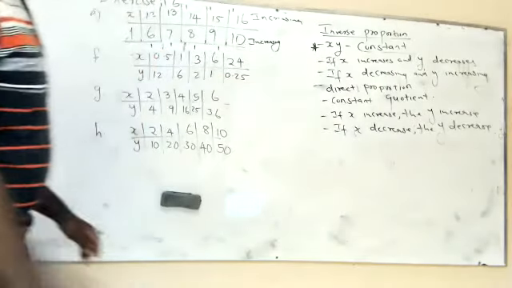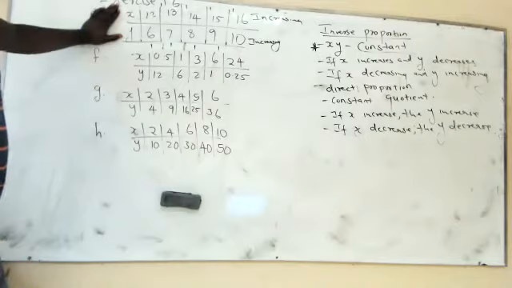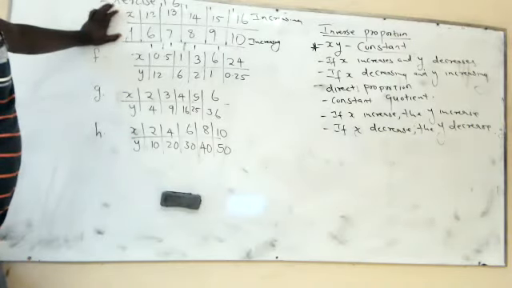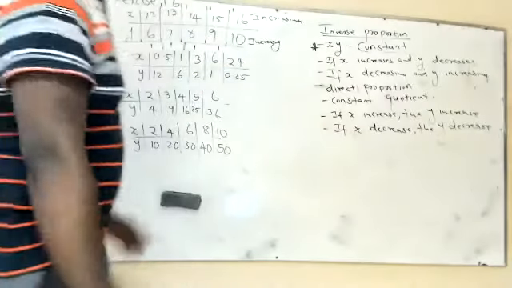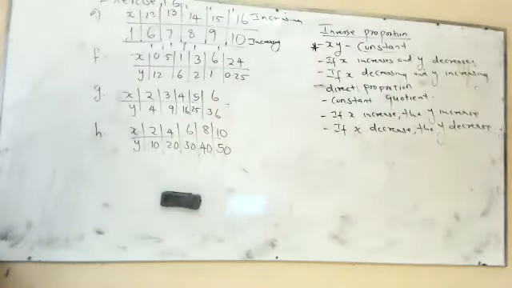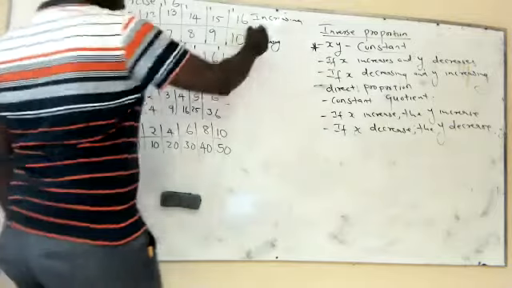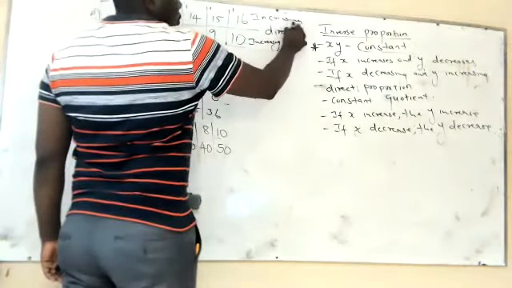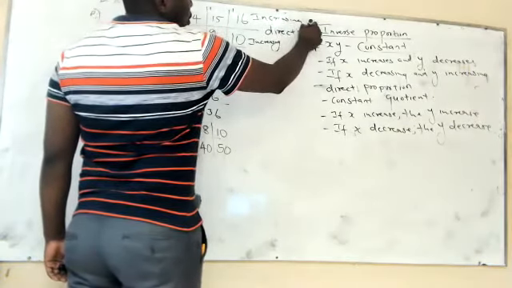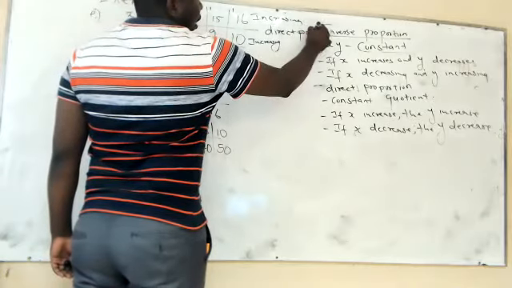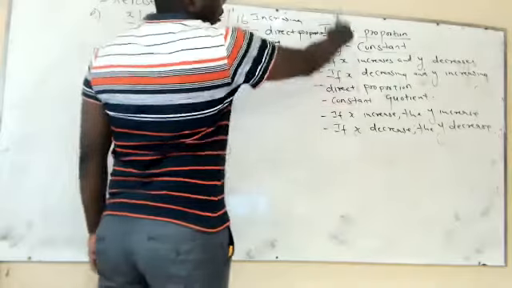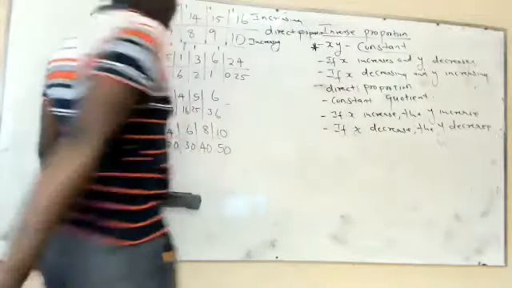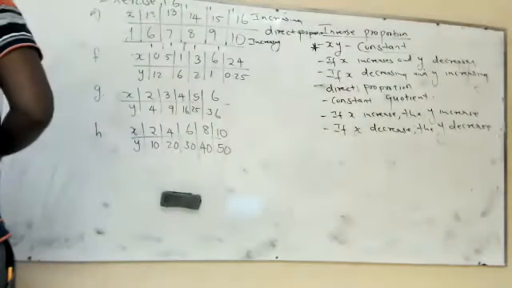So now let's go back to the conclusion. What would be the conclusion for the first question? Is it direct proportion or inverse proportion? Direct proportion. Yes, very true. So it's very important for you to remember the conditions for the inverse proportion and also for the direct proportion.